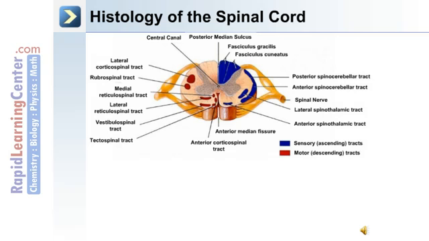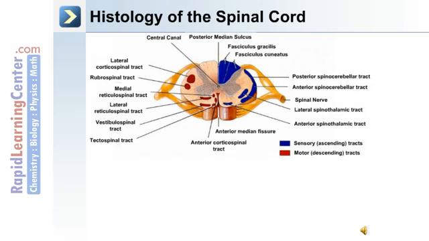Working from the posterior side, moving laterally, are two of the sensory ascending tracts, the fasciculus gracilis and the fasciculus cuneatus. Also, the posterior spinocerebellar tract and the anterior spinocerebellar tract are lateral on the spinal cord. Towards the anterior is the lateral spinothalamic tract and the anterior spinothalamic tract.